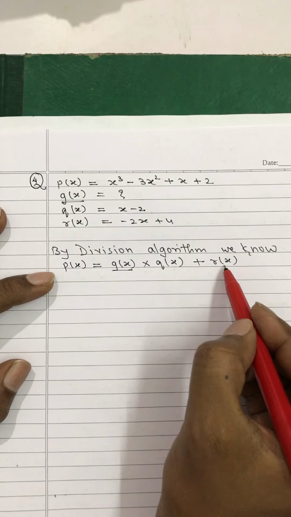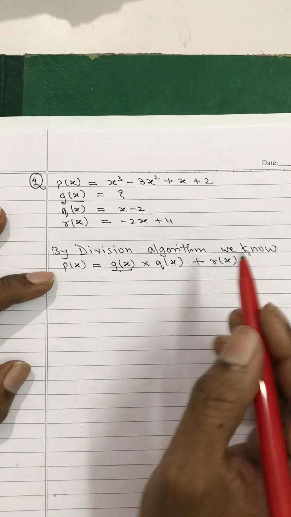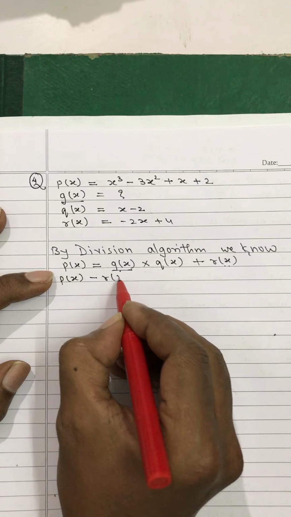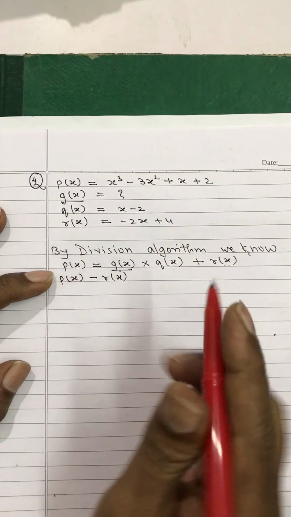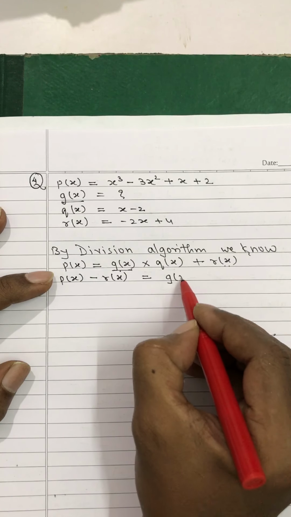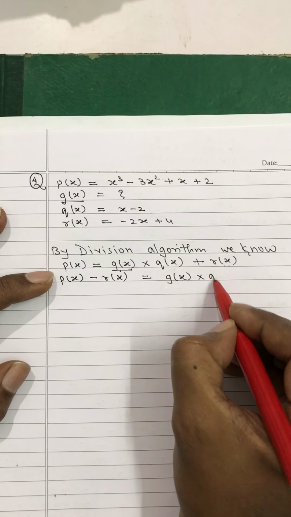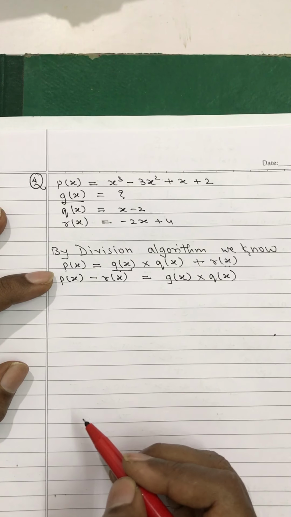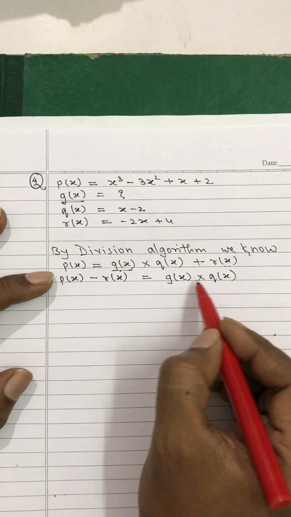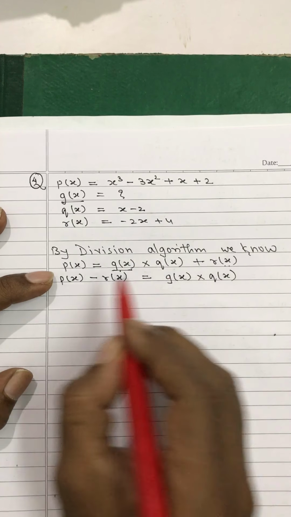So first I will shift to make g of x alone. I will have to shift this over there. I will get p of x minus r of x, right? R of x I have shifted over there. What stays on the right hand side is g of x into q of x. Going further, I want to find g of x. So q of x also I will have to shift on the other side. Q of x is multiplying, so this will go and divide the whole thing.